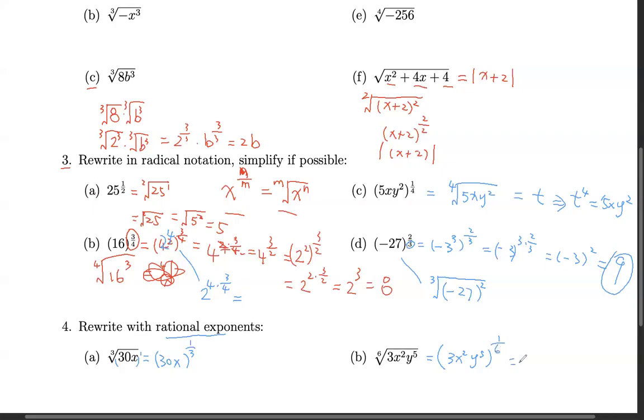If we want to keep going, we can write 3 raised to 1/6, because this 3 is raised to 1, and 1 times 1/6 is 1/6. x raised to 2/6, and y raised to 5/6.